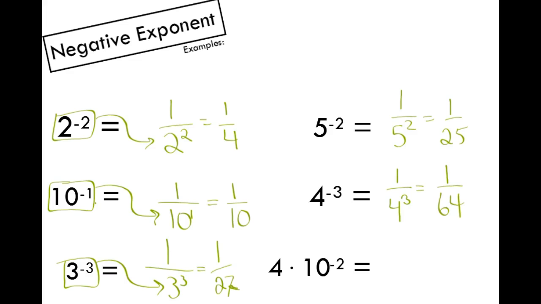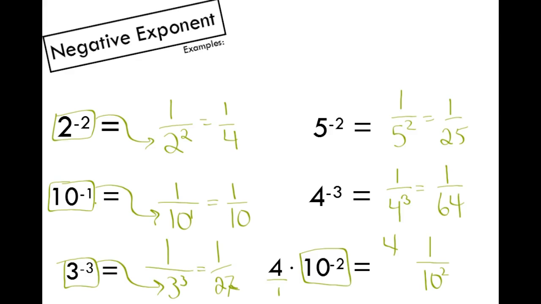And then finally, this one's a little different. It's 4 times 10 to the negative 2. Well, if I just look at this, that's stuff I've been doing. So let's just do that. Ignore the 4 for a minute. I'm going to leave room for it, though. 1 over 10 squared. I know that's what that part turns into, but I still have 4. Well, if I'm going to work with fractions, I want them all to be fractions.